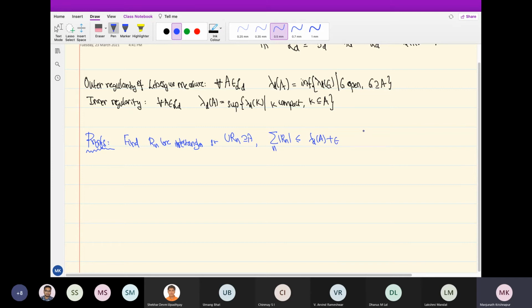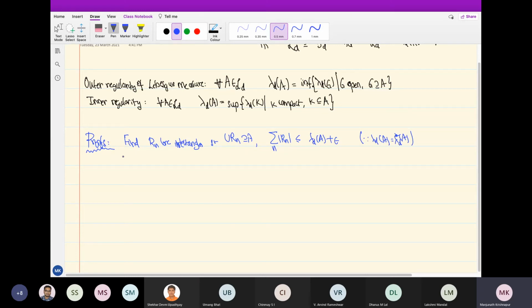So this we can do by definition, because lambda d of A is lambda d star of A, by the way. See, for measurable sets, the measure is the same as outer measure. It's just the outer measure restricted to this nice class of sets. That's all. So we can find R_n such that their union contains A and the sum of volumes is at most this plus epsilon. You can do that.